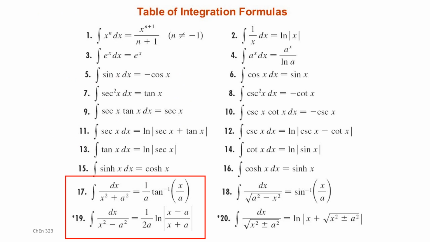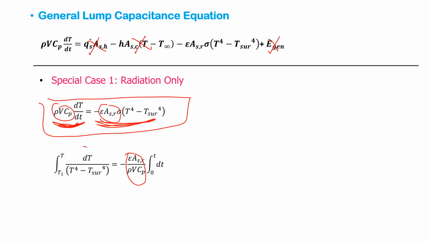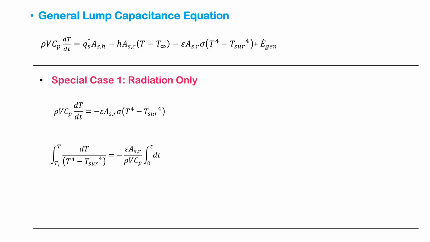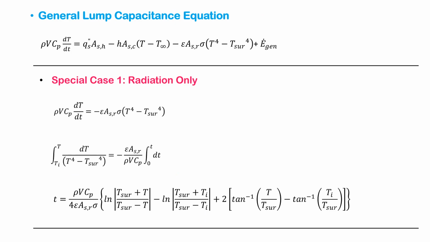You go back and refer to a table of integrals, and you will see that we have these two integrals, and we can express this difference as T squared minus T surrounding squared multiplied by T squared plus T surrounding squared. Then you separate them in two terms and use the integration tables, and you carry out the integral, and it is going to be this long expression.